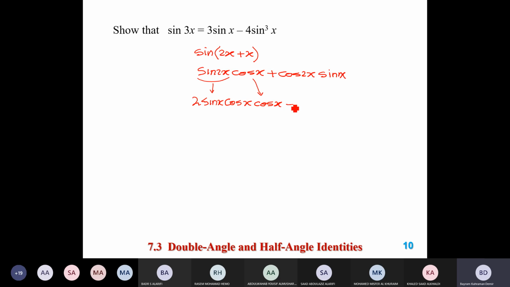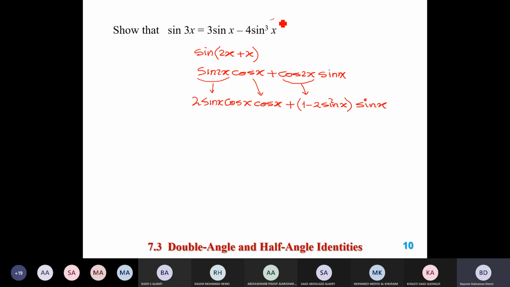And then plus, what is cosine 2x, Shabab? Remember? Cosine 2x equals 1 minus 2 sine square. Why did I choose this one, Shabab? Because we like to write everything in terms of sine, right? So I choose cosine 2x equals 1 minus 2 sine square x.